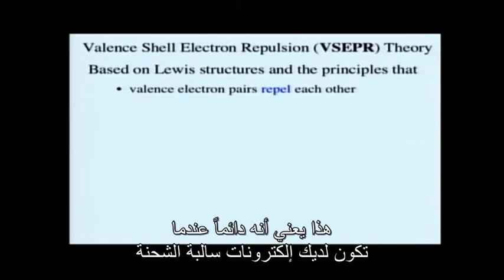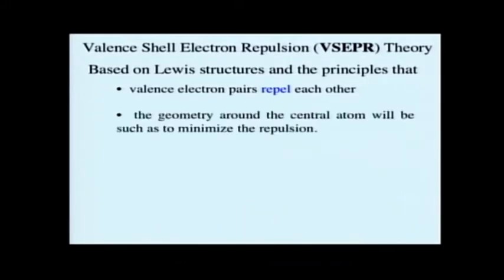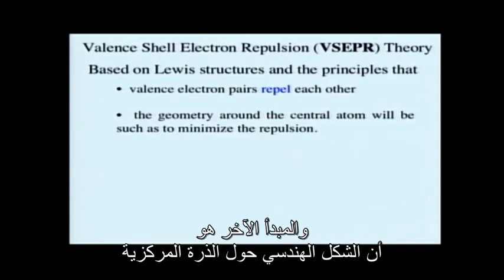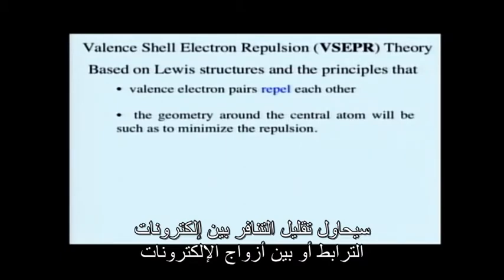This makes sense. Anytime you have negatively charged electrons, you want to get them as far away from each other as possible because they're all negatively charged. And the other principle is that the geometry around the central atom, which you've identified in the Lewis structure, is going to be such that it minimizes the repulsion between those bonding electrons or electron pairs.